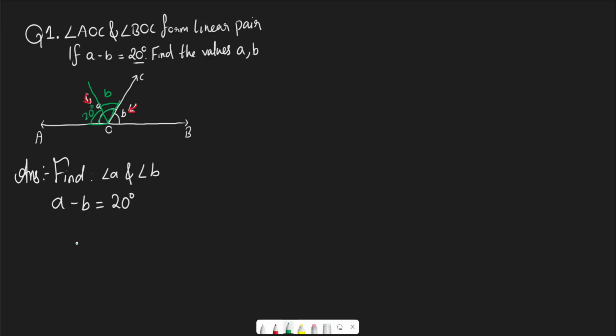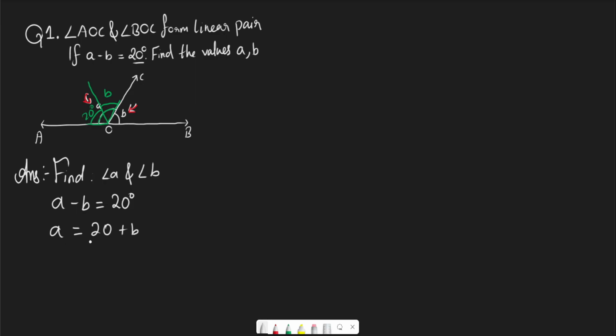That means angle A is equal to 20 plus B. You could have done this easily by using the transpose method, by taking this negative B to the other side, the RHS, and you will get A is equal to 20 plus B. But this is the more visual way. This is what you will see when you try to visualize this statement.